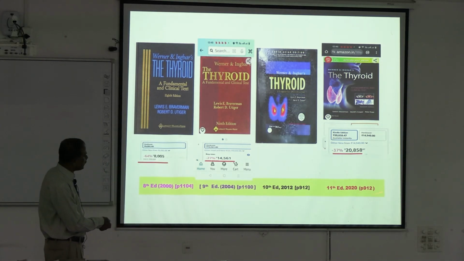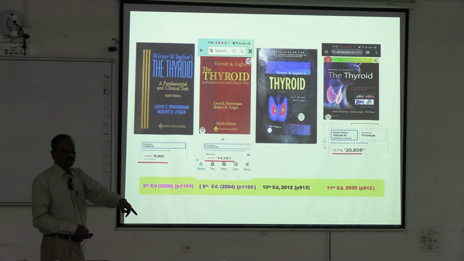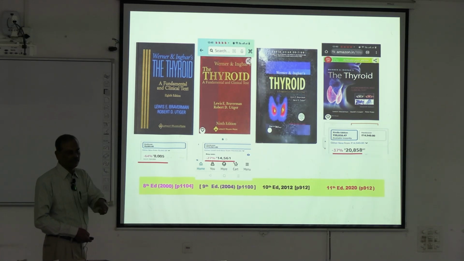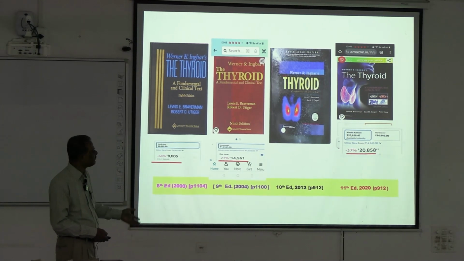The latest edition book, you can see, is costing 20,000 rupees. I am showing this because it is not possible for any given individual, even a thyroid specialist, to digest all these things, and so it cannot be covered in 1 hour.